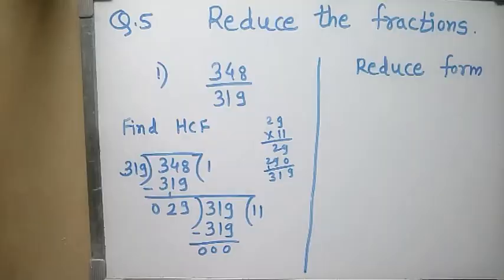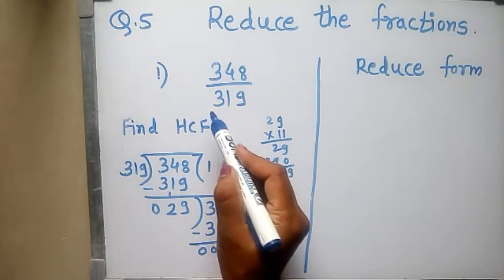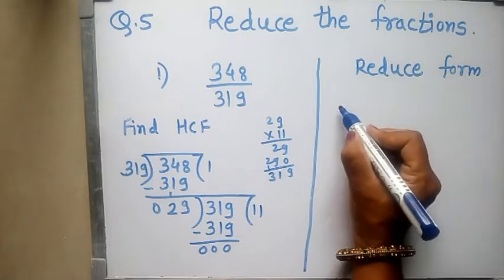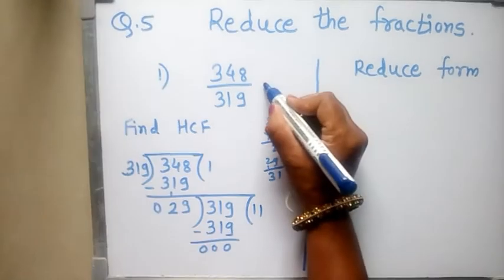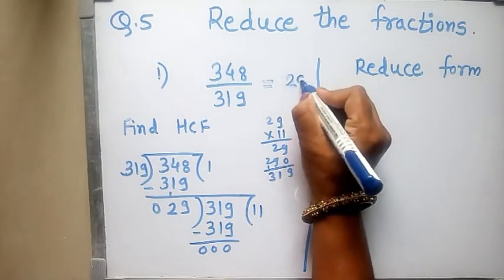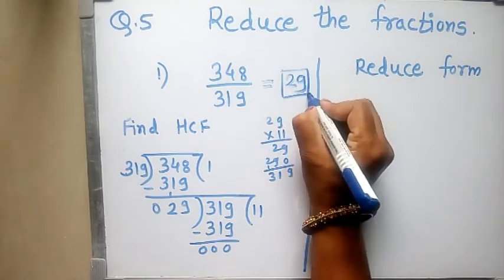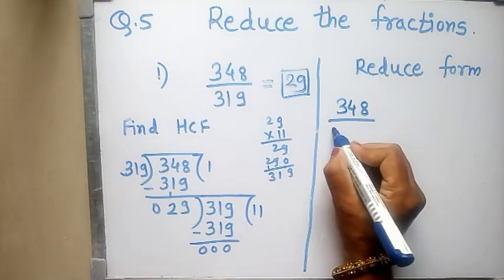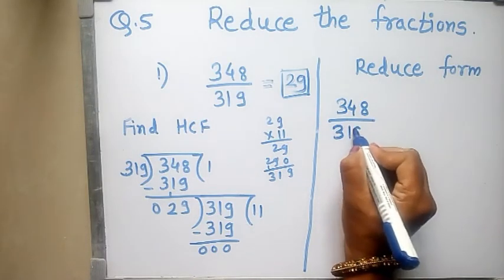Question 5. Reduce the fractions to the lowest terms. First, 348 divided by 319. Here, I divide 319 and 348 by their HCF. HCF is 29.